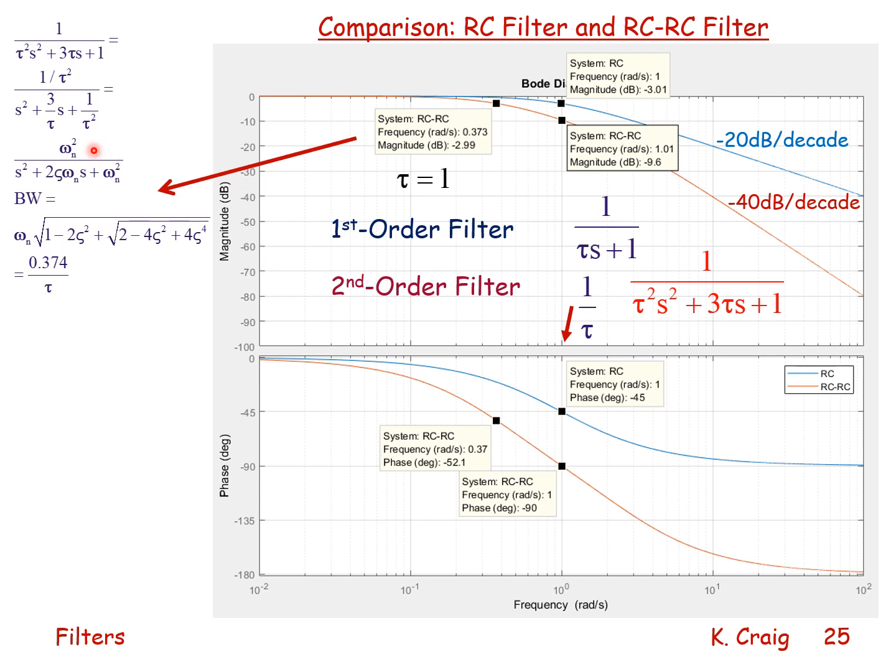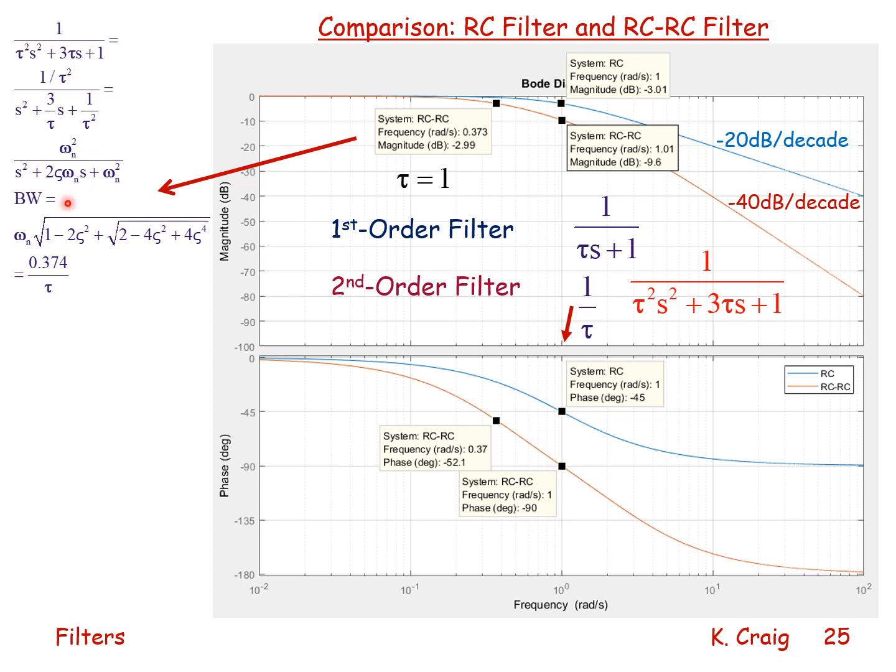Omega n is the undamped natural frequency of the system. Zeta is the damping ratio. If you compare these two forms, you can get an expression for omega n and for zeta.